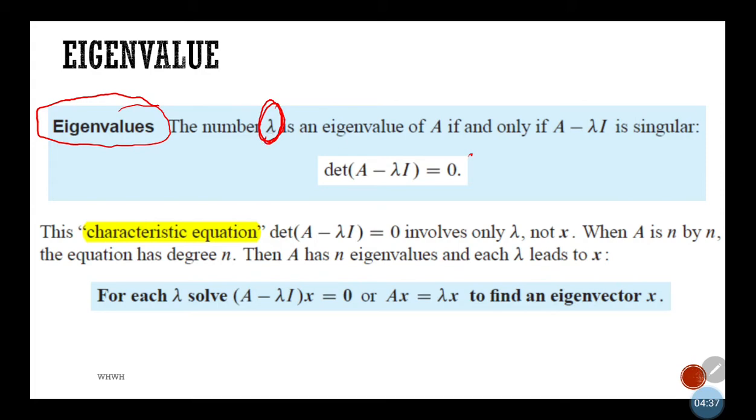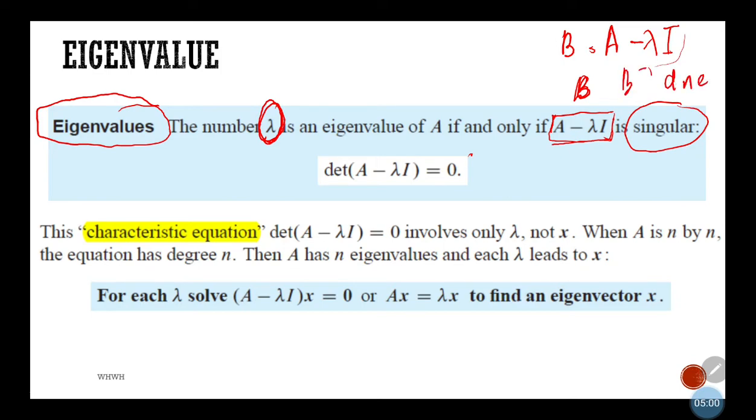The number lambda is an eigenvalue of matrix A if and only if A minus lambda I is singular. What does singular mean? It means what B was earlier. Let B equal A minus lambda I. Singular means it has no inverse; B inverse does not exist.